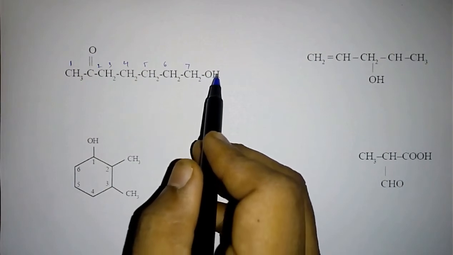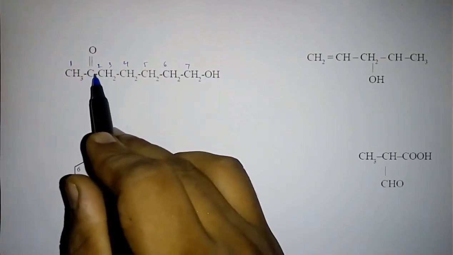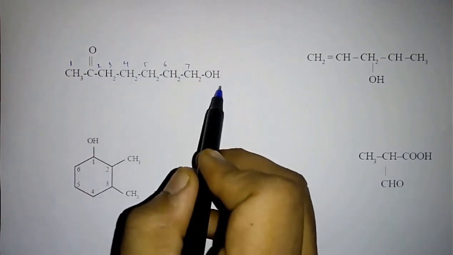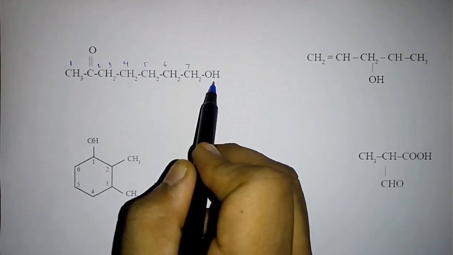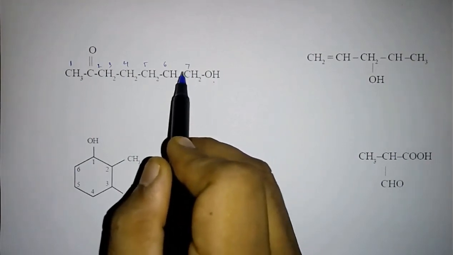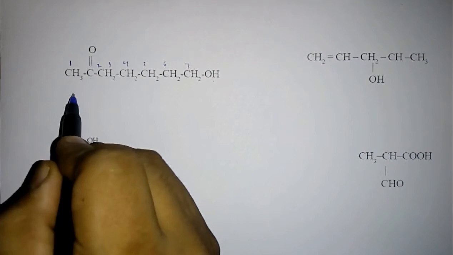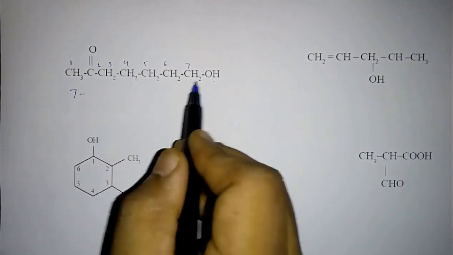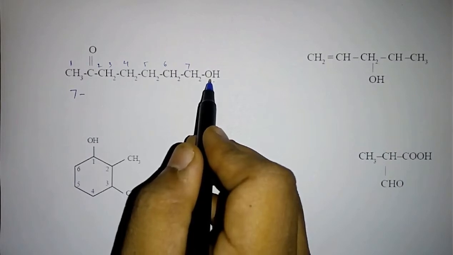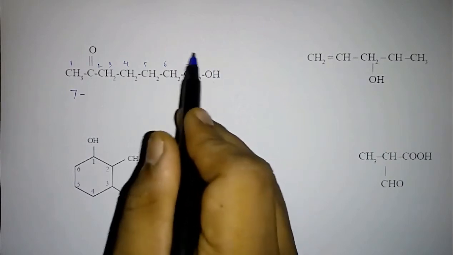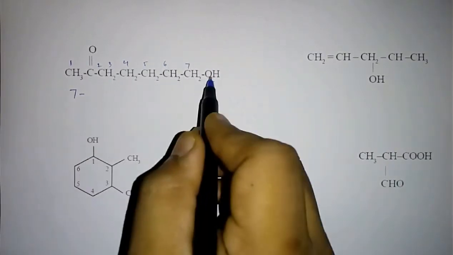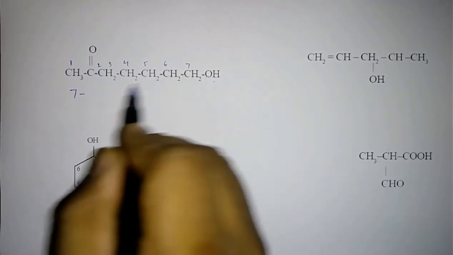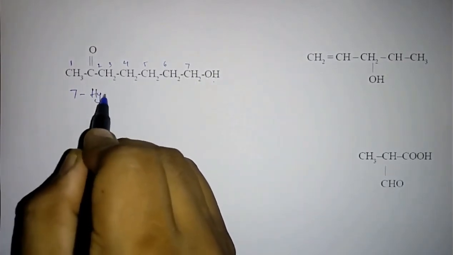As I already told, if it contains two functional groups, one will act as the main functional group, and the second will act as a substituent, or second-grade functional group. On which carbon is it present? On the 7th carbon. So I will write 7. What is the name of the functional group? It is alcohol. If this alcohol functional group is acting as a substituent, what is its name? One hydrogen is there, one oxygen is there. You will write it as hydroxy.